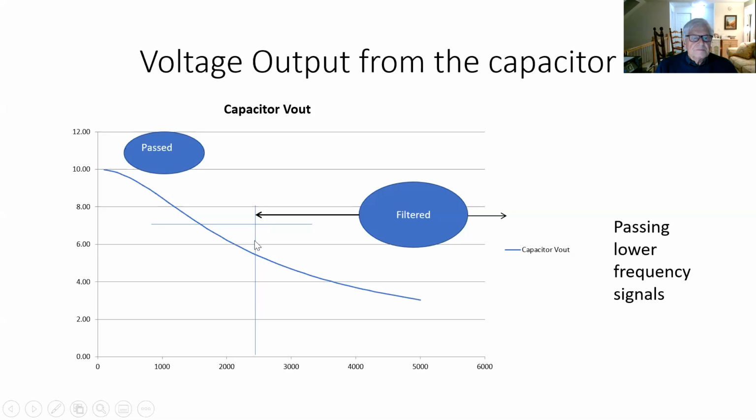Okay. Below 2600, the power is greater than it is above the 2600. So anything with higher power gets passed on. Anything with lower power gets filtered out. Okay, it's just not strong enough.